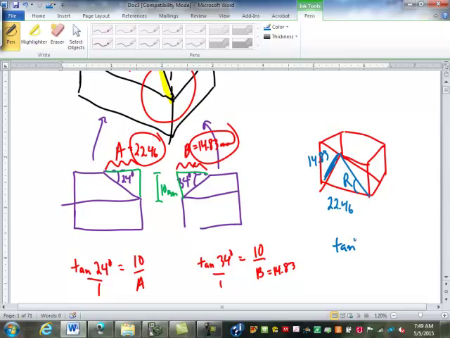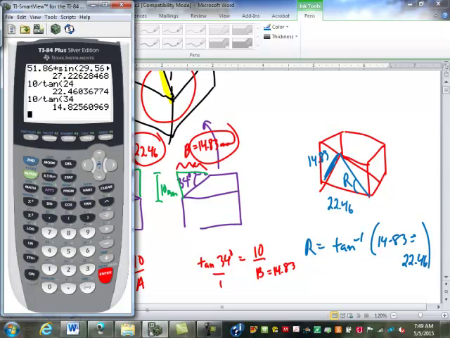Inverse tangent of 14.83 divided by 22.46. 33.44 degrees.